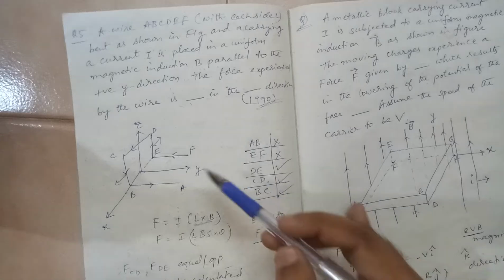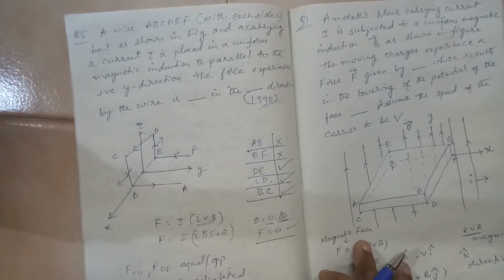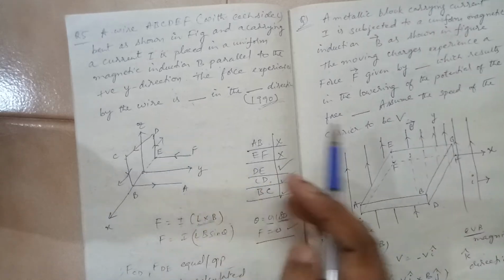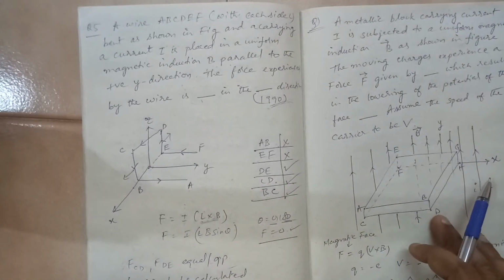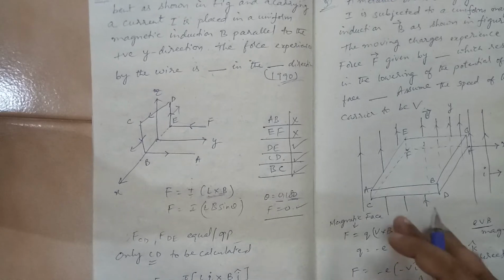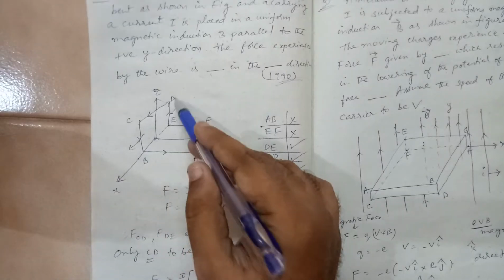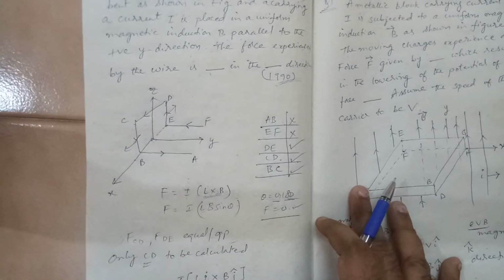So the net force because of BC and DE will be equal to 0. Only CD will be contributing in this particular case. So let us find the force on CD. The rest have no contribution. BC and ED had contribution, but they cancelled each other.